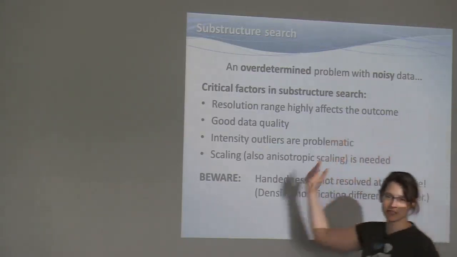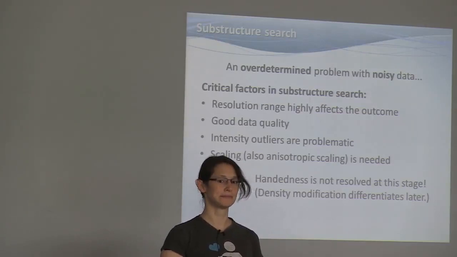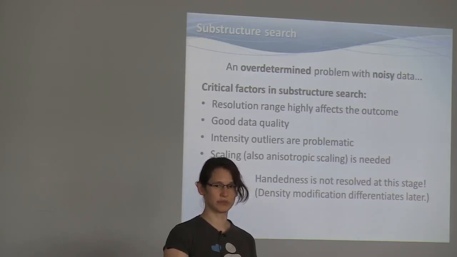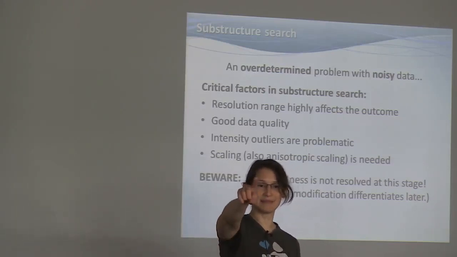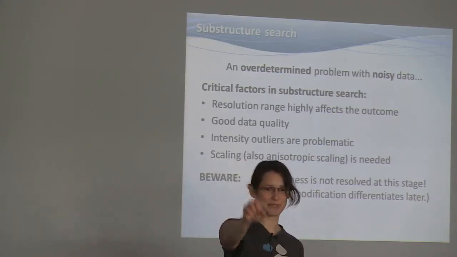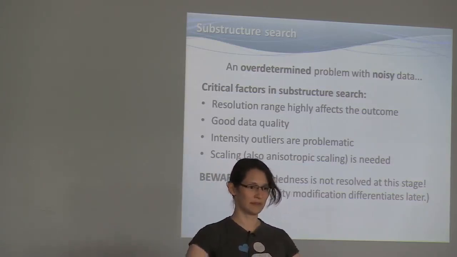Why is this an overdetermined problem with noisy data? What is the answer we want? What do we hope to find in substructure search? Locations. Yes, the substructure locations, the positions of the atoms. So we are searching for 5 atoms.